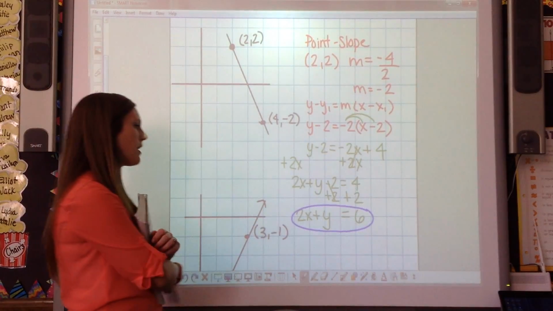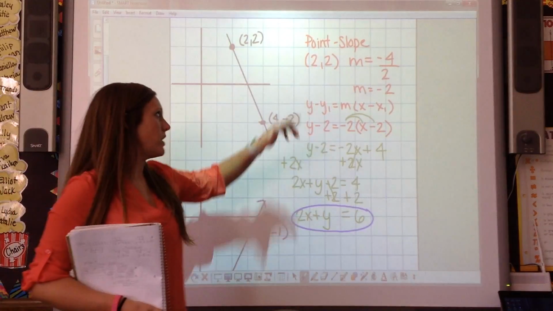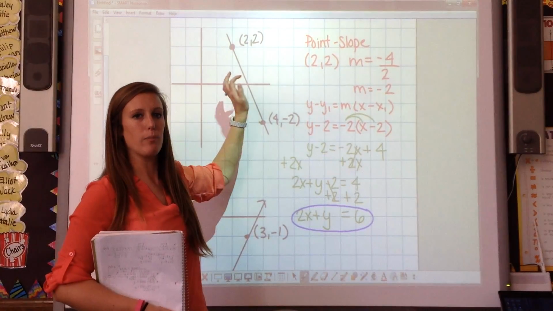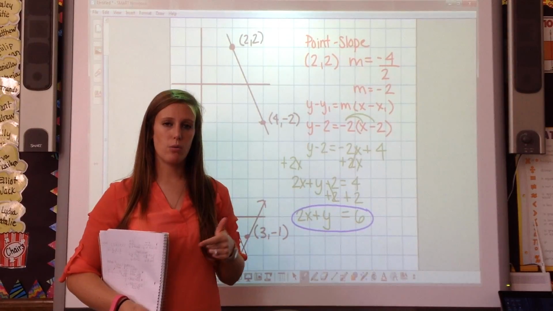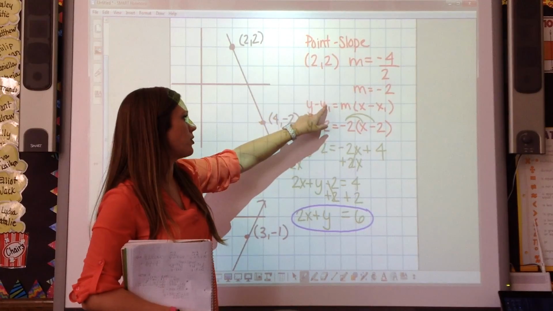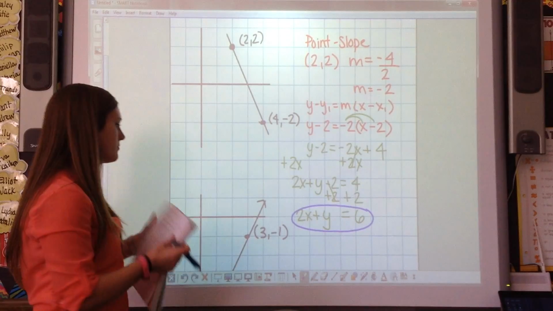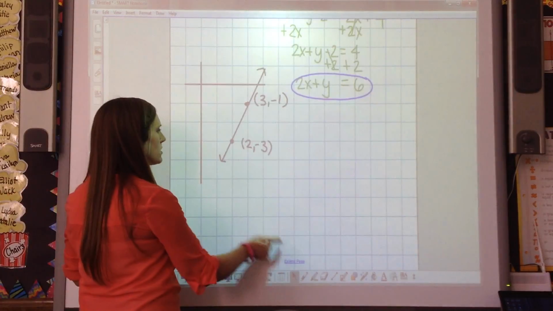So just to recap, you have to use what you've learned in the past to do this. When you start, there's no way of putting this information right into standard form. You either have to put it into slope-intercept form first or point slope. I put it into point slope using an ordered pair and the slope, and then I transformed it to be in standard form. That's what you're going to do with this one.